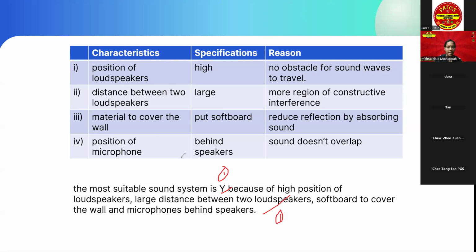I would like to say that when you're writing your final choice, you can't just write the most suitable sound system is what, because of the characteristics above. That is wrong. You cannot write that. You have to mention back every single characteristic that you've stated in this table.